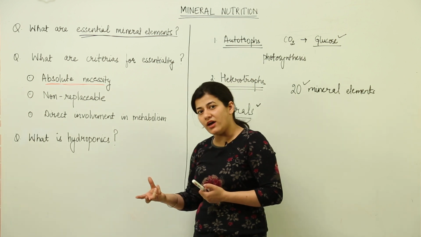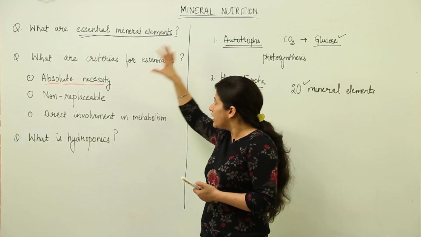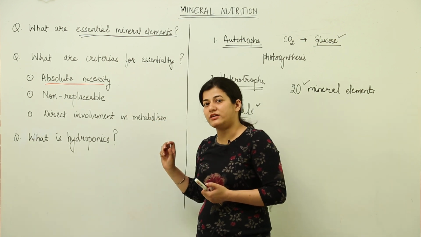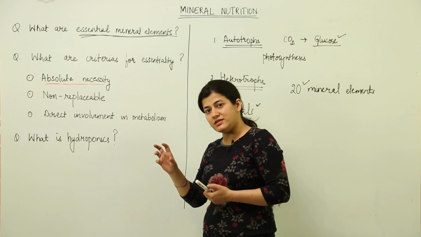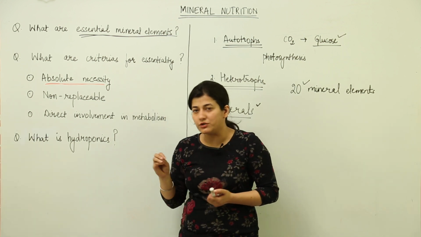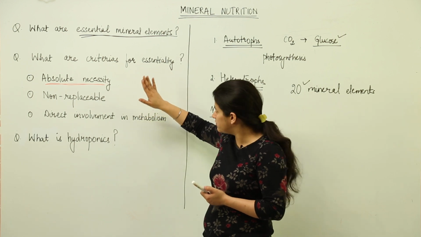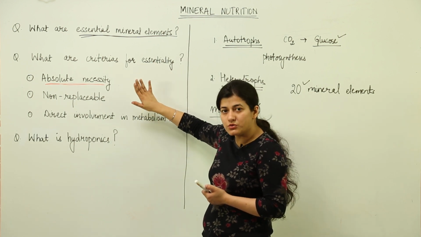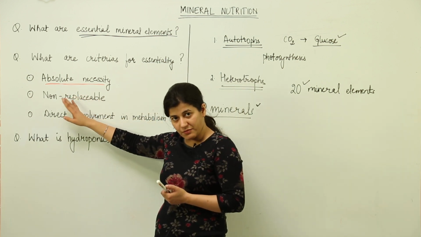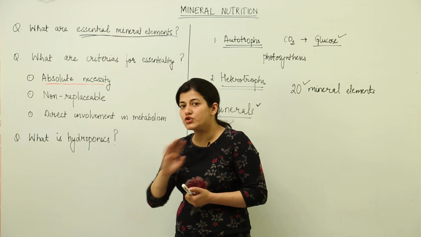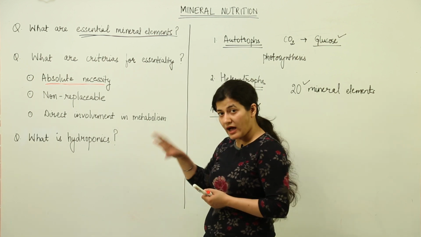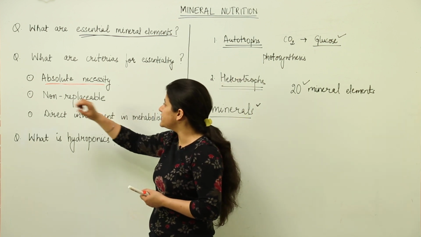The plant would die or it would be sterile if even a single element out of these 20 is missing. That means it is very essential. If the mineral element is missing, there would be certain discrepancy in plant growth, which could be vegetative or reproductive. So the mineral element should be absolutely necessary for the plant. That is the first criterion. Without that particular mineral element, the plant will not show either reproductive growth or vegetative growth or both of them. It depends on how important that particular element would be.